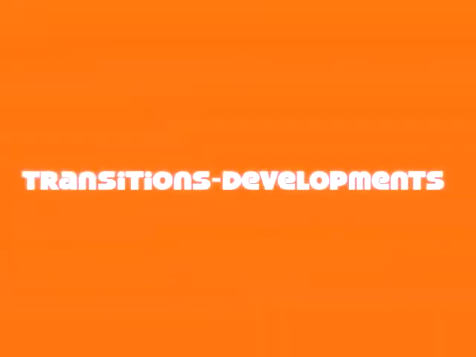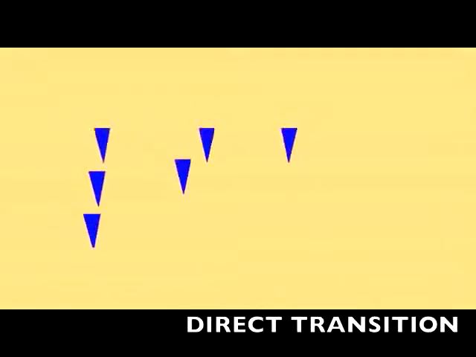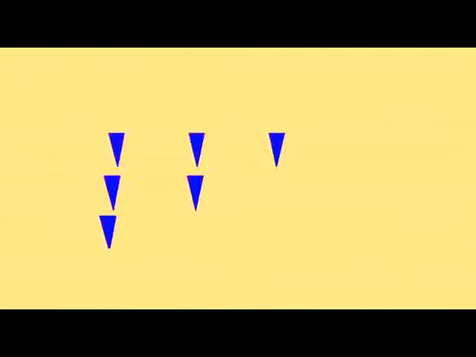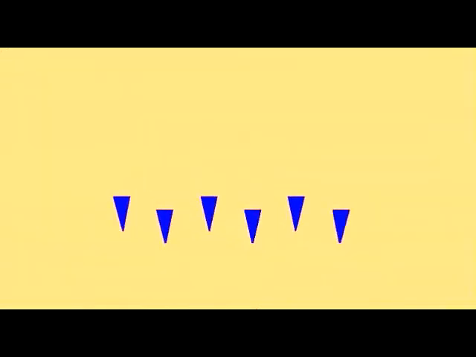Transitions and developments. The way you connect each idea is key to creating a seamless whole. Remember that the transition that is designed can be far more successful than the transition that is merely functional. While the shortest distance between 2 points is a straight line, it isn't always the most effective or interesting.